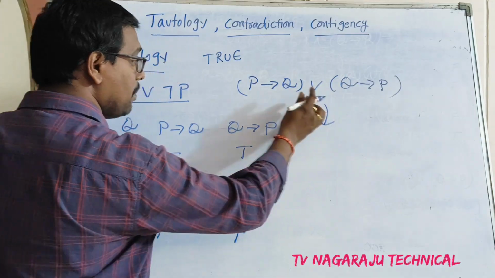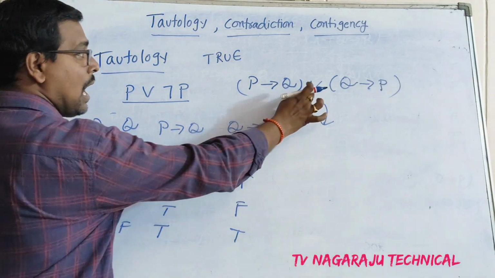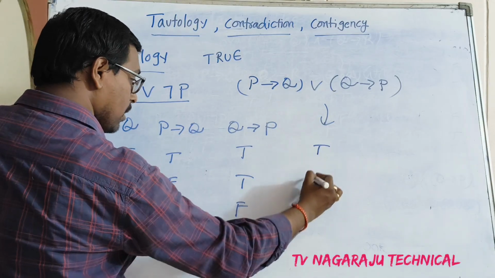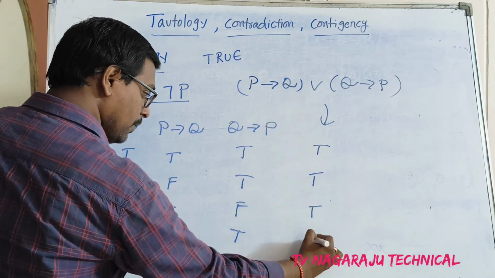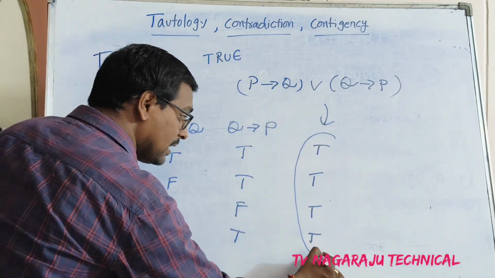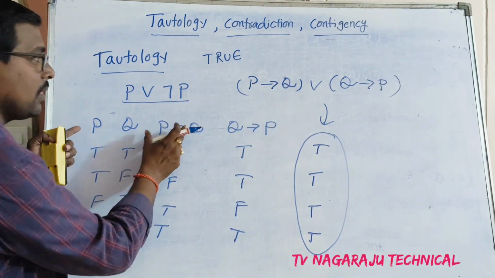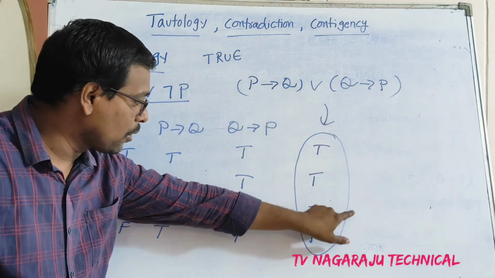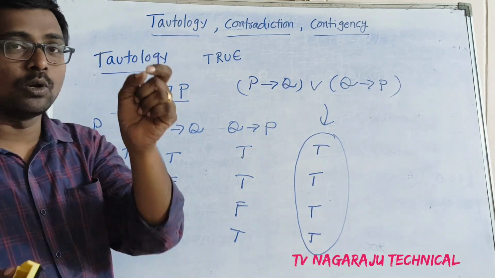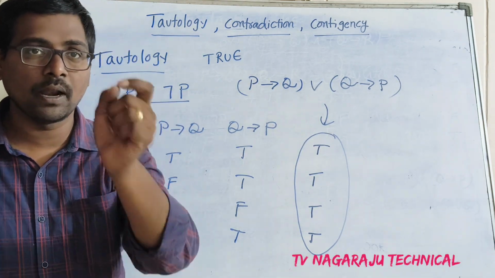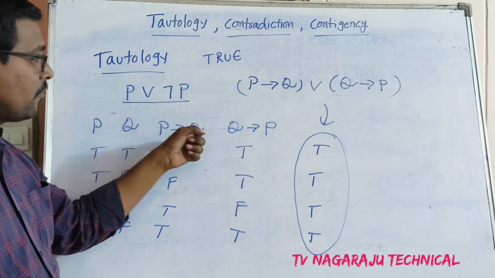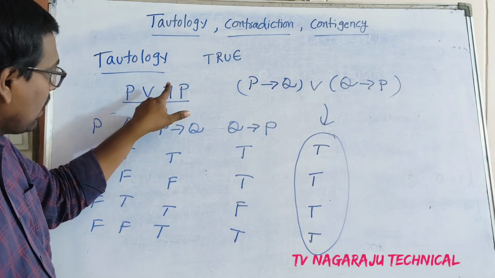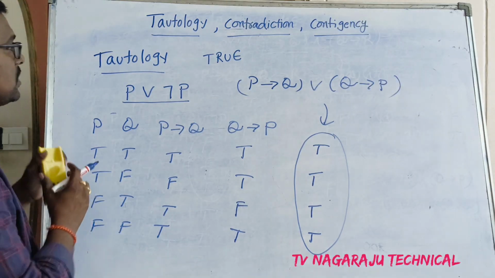Now P implies Q OR Q implies P gives true, true, true, true. Observe the result is true for all the combinations. A proposition formula is a tautology if it is true for all the combinations of the propositions. Like the example P or negation P, it is always true.